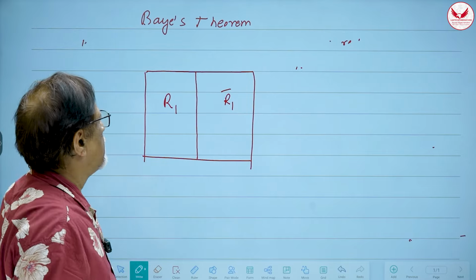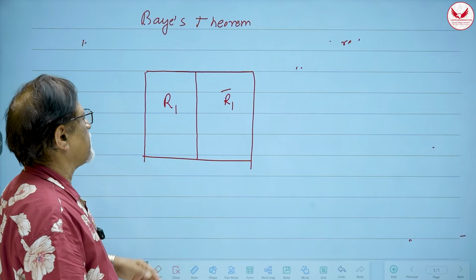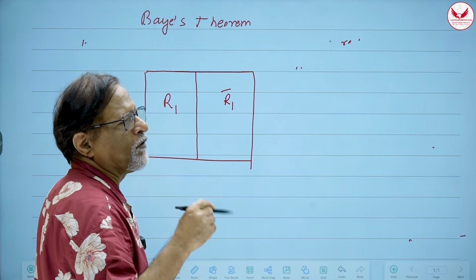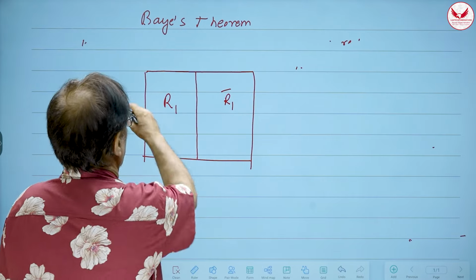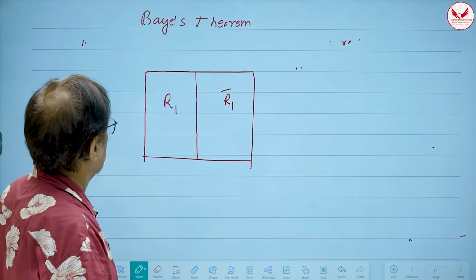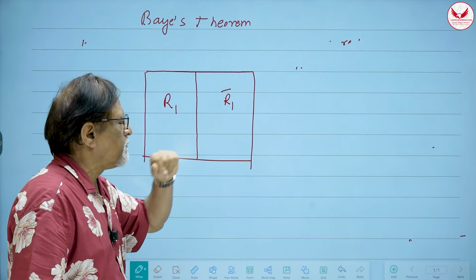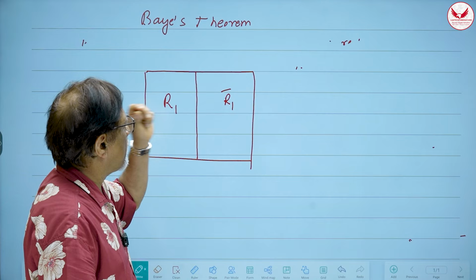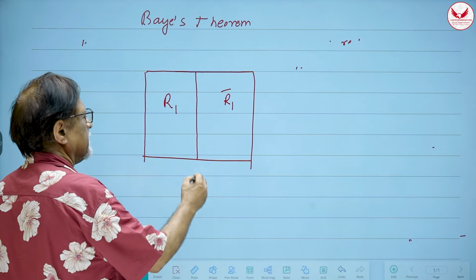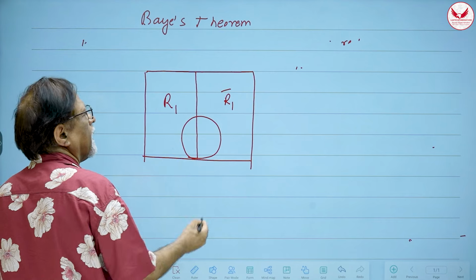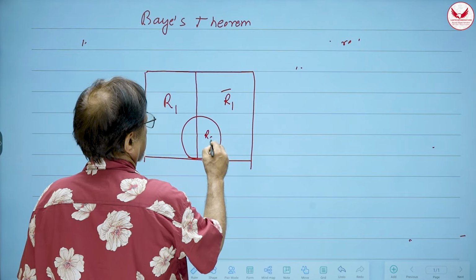Partition means converting the space into different subsets such that no two of them have common intersection, but their total is the whole of the sample space. So the first event is divided into two mutually exclusive and exhaustive sets R1 and R1 bar. Now there is another event, second ball is red, called R2.